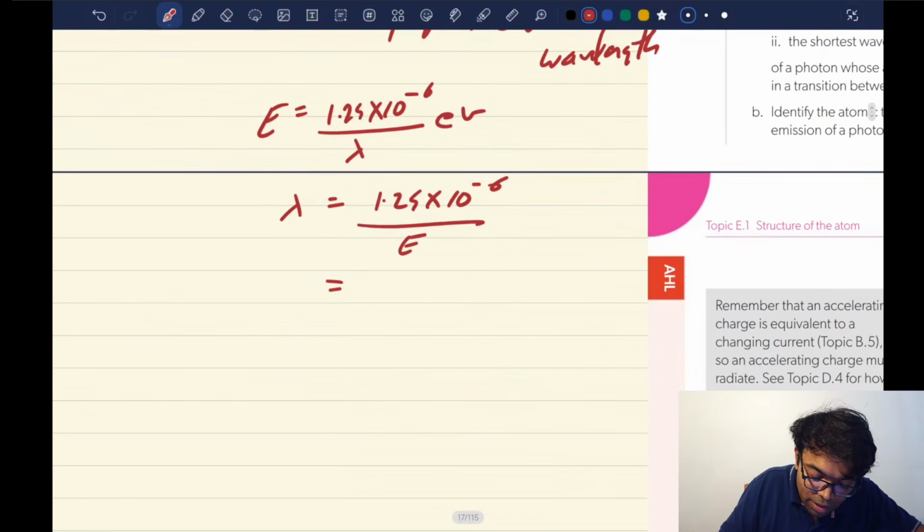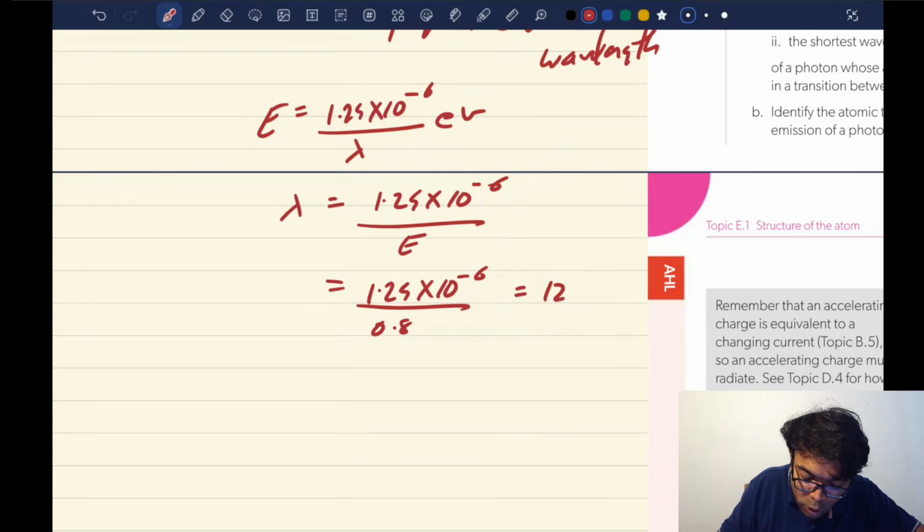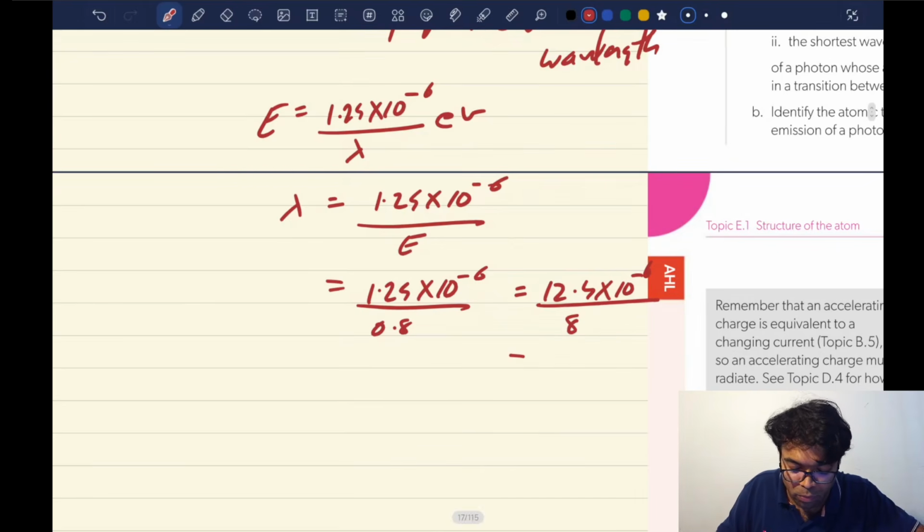So you will have 1.24 into 10 to the power of minus 6 upon 0.8, or simply 12.4 into 10 to the power of minus 6 upon 8. So what is the wavelength that you will observe? Taking 1.55 into the minus.